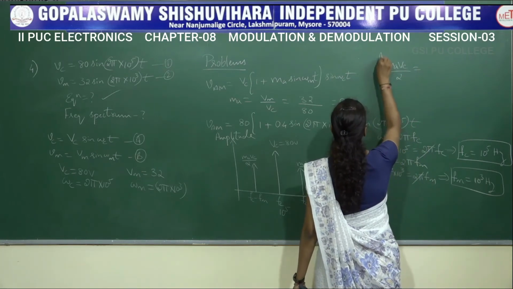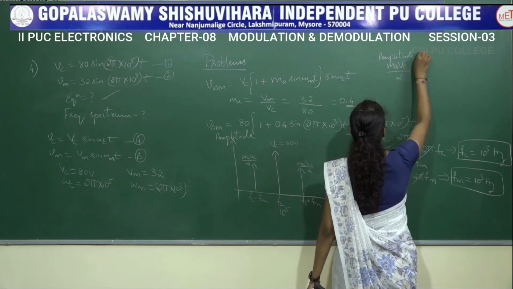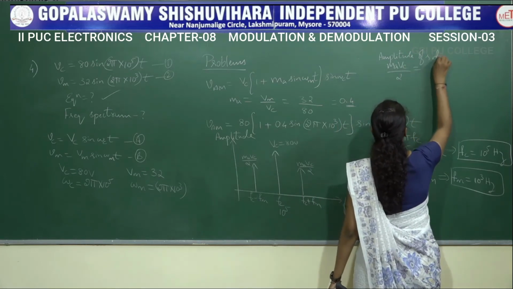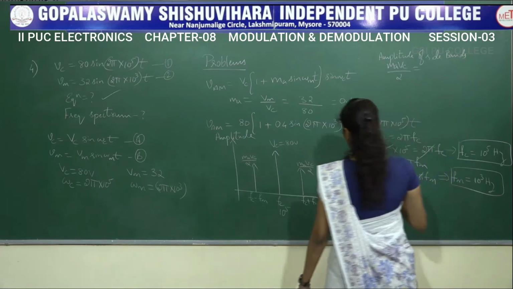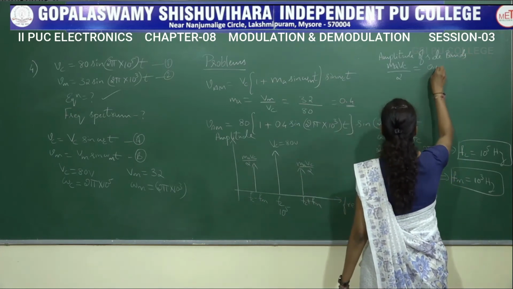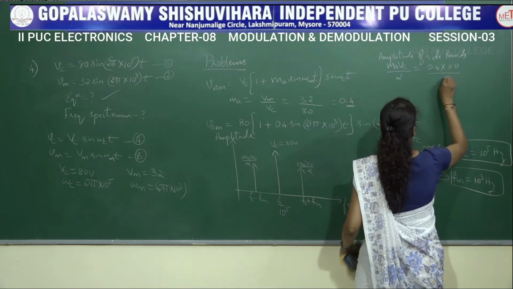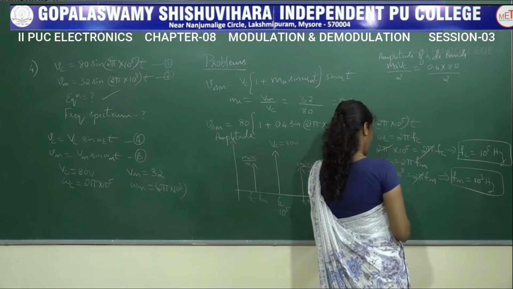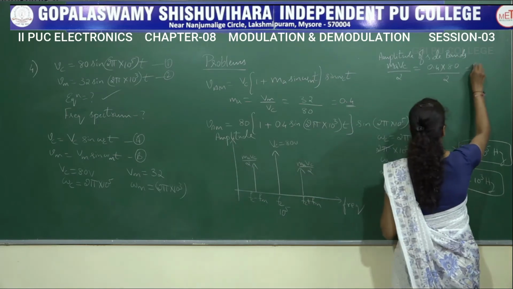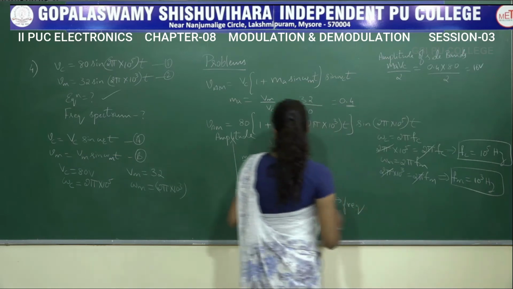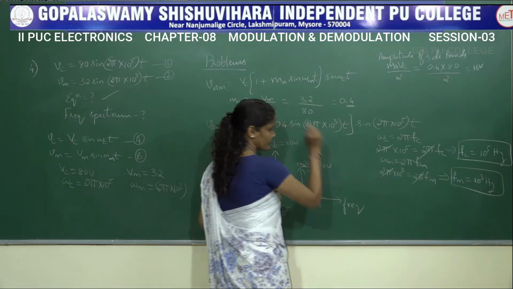Ma is 0.4 and Vc is 80, so 0.4 into 80 by 2 equals 16 volts. So both these values are 16 volts.